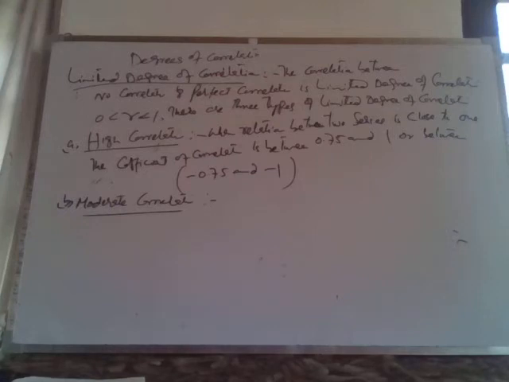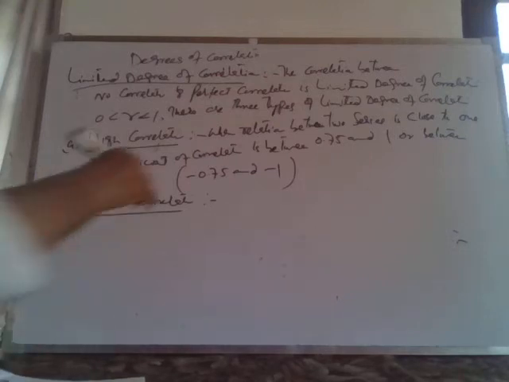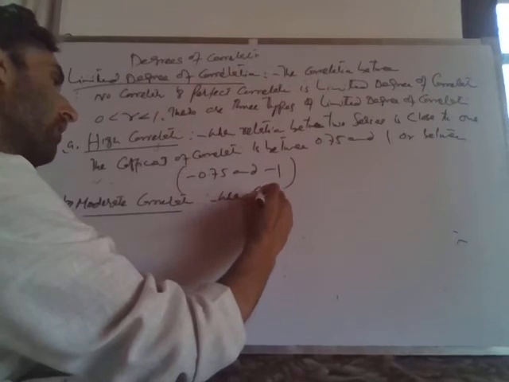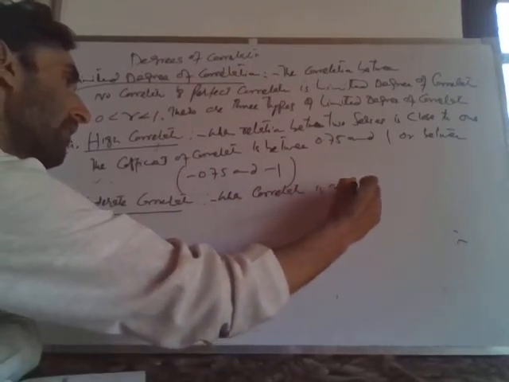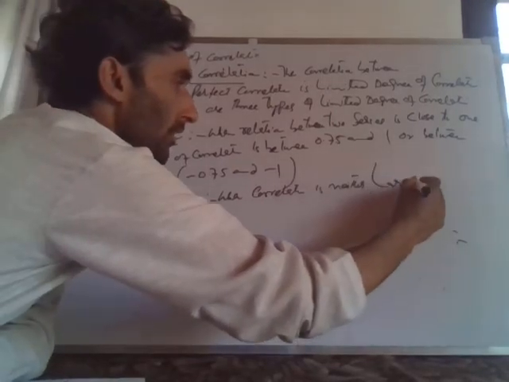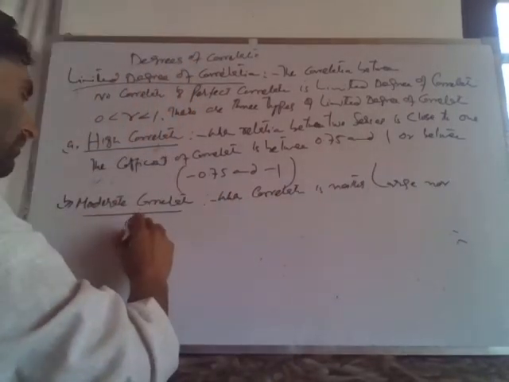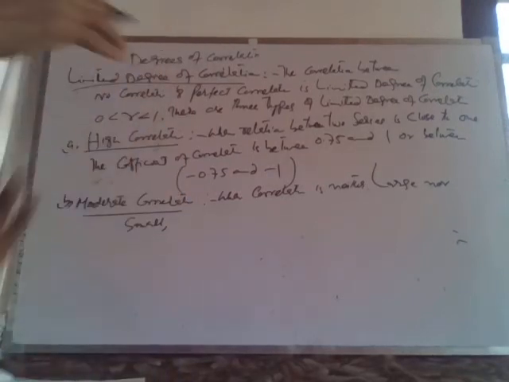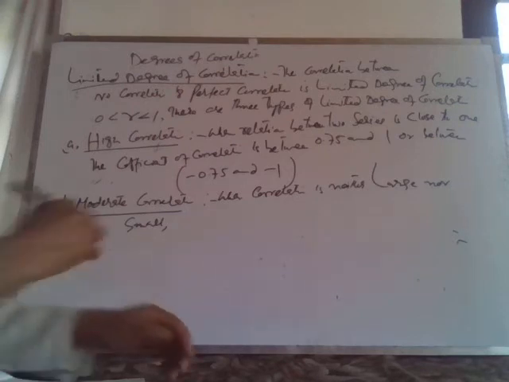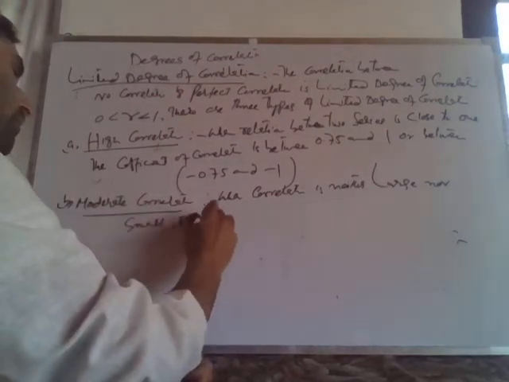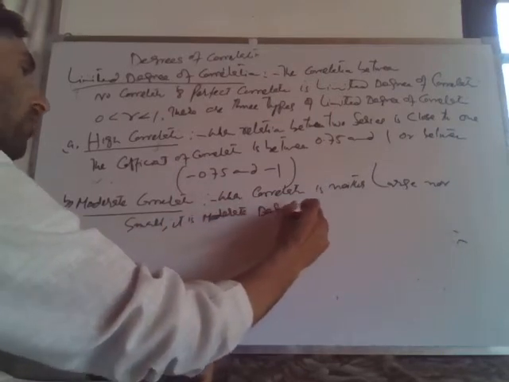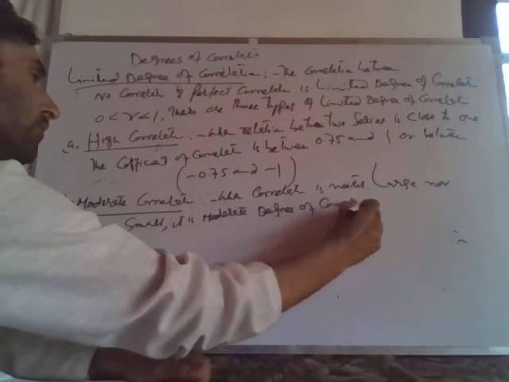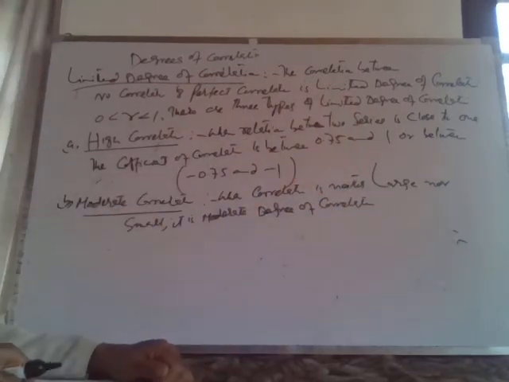When correlation of two series is neither large nor small. ना ज्यादा है ना कम है, दरमियान में है, तो इसको कहते हैं moderate degree of correlation.